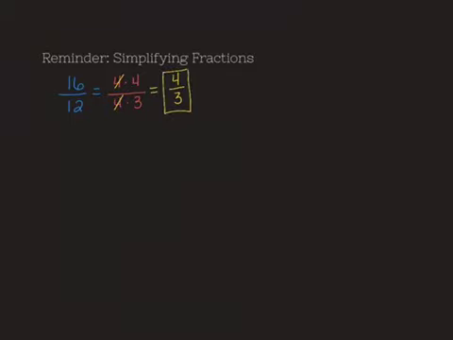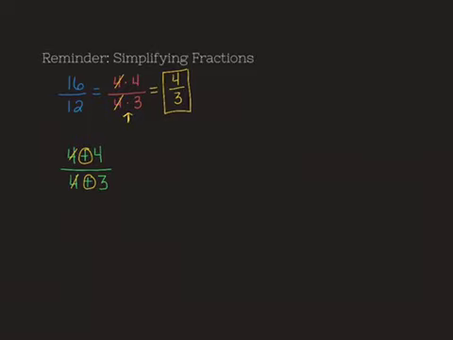Now, I want to contrast this as if I had written it just a little differently. Let's say I had 4 plus 4 over 4 plus 3. So it looks very similar to this one right here. However, I have these addition signs. I cannot cancel those out.